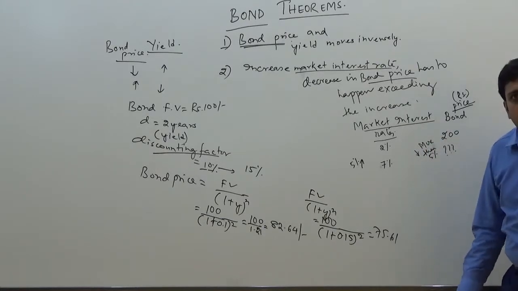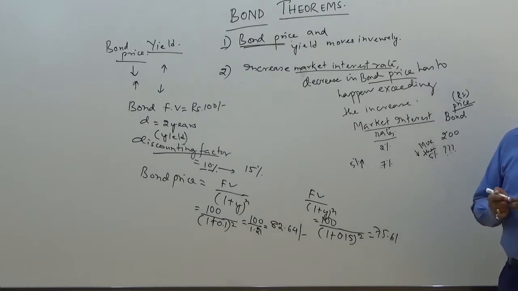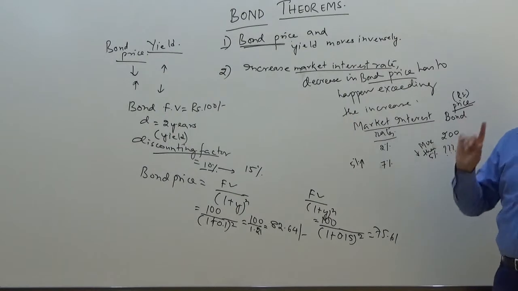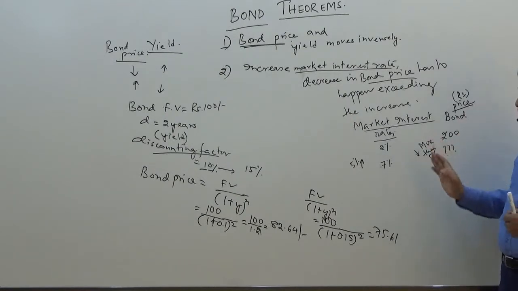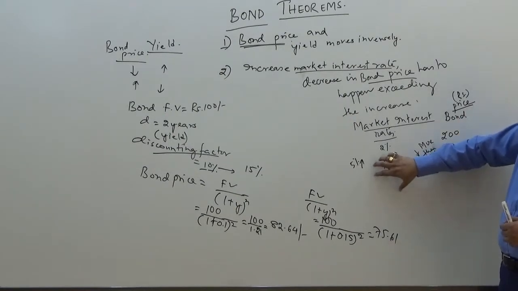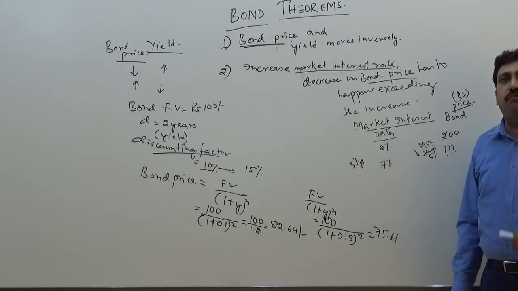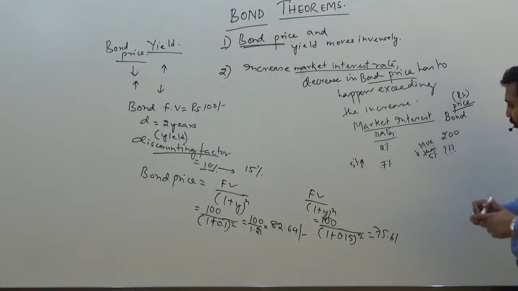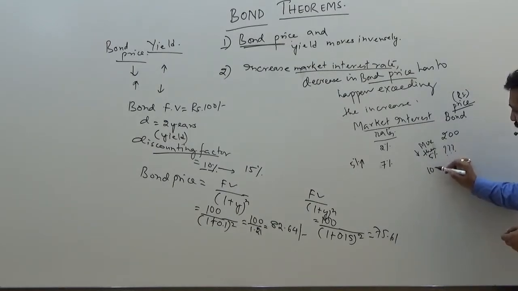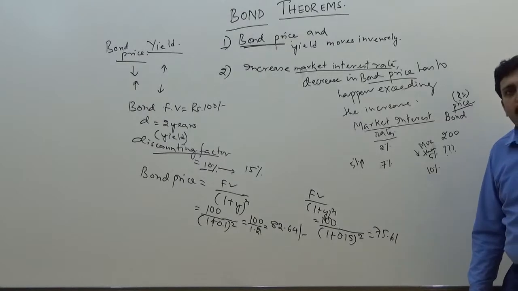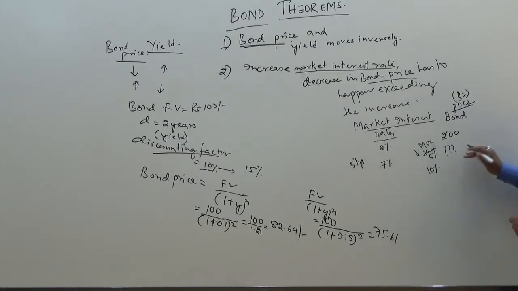Why is it so? It is because people will lose confidence in investing in the bond because they know investing in the markets will yield them 5% more. That means, say for example, if we assume that the decrease happens at 10%, so what should be the final price of the bond?